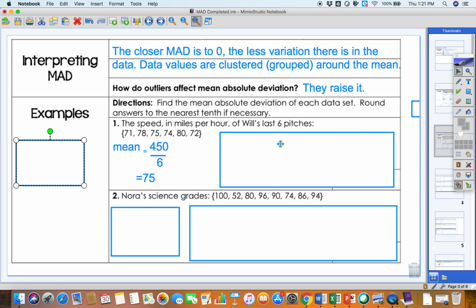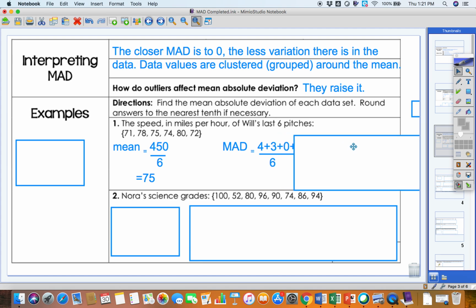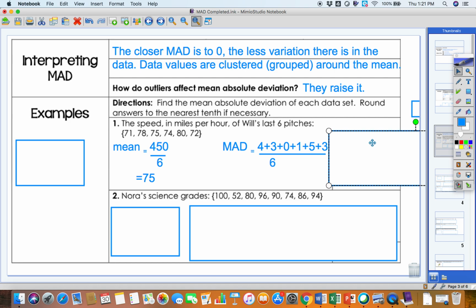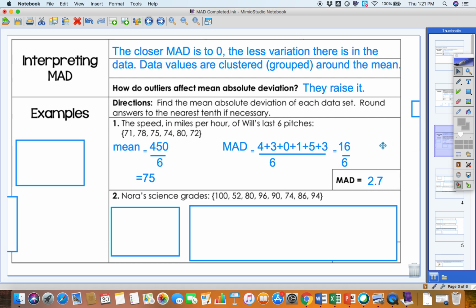So the absolute value of 75 minus 71 is 4. And then the difference between 78 and 75 is 3. Then 0, 74, 80, and 72. So when we total those numbers, we get 16 divided by 6. 16 divided by 6 is 2.7.